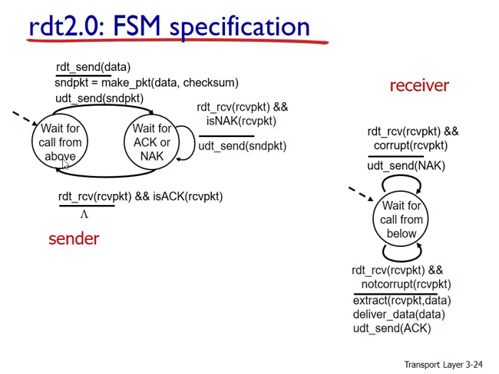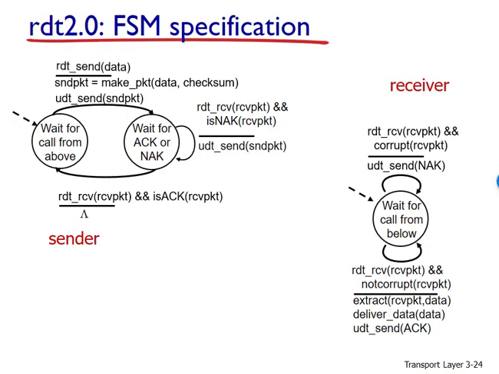In the leftmost state, the send side protocol is waiting for data to be passed down from the upper layer. You'll notice the little symbol below the horizontal line there under rdt_rcv. That indicates no action, which is the initial state of the state machine.